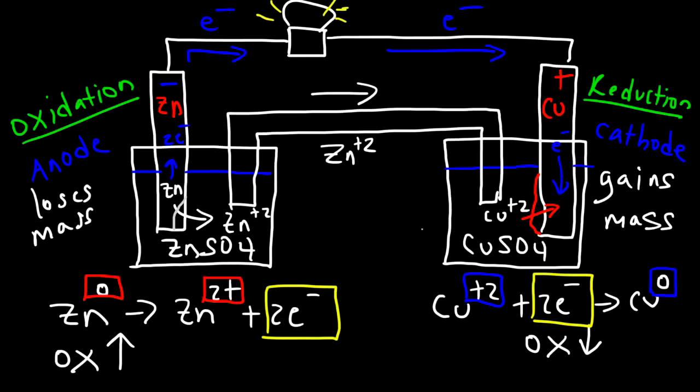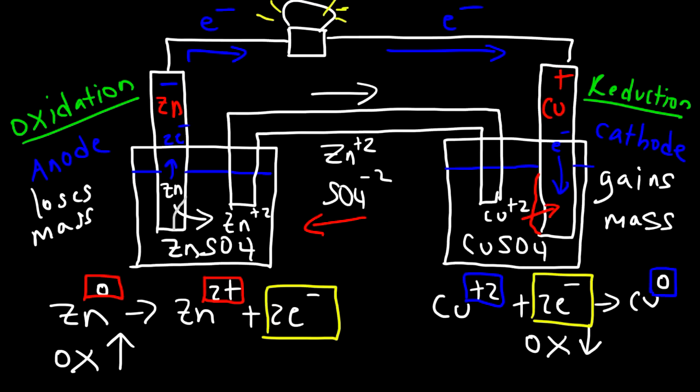The anions flow toward the anode. This works in such a way that the two solutions remain neutral. Keep that in mind: anions, which are negatively charged particles, flow towards the anode, and cations flow towards the cathode. That's how the salt bridge prevents a buildup of charge.